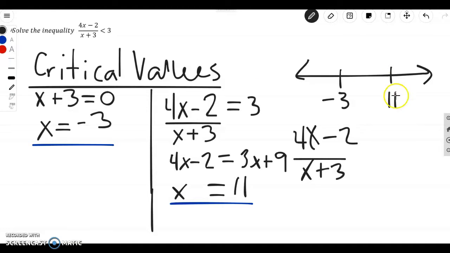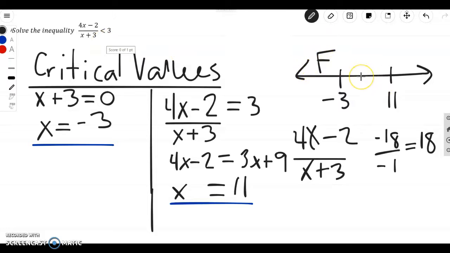If I plug in a negative 4 here, that would be negative 16 minus 2, which is negative 18. Negative 18 over negative 1 is 18. And the statement will be 18 is less than 3. Well, that is a false statement. So that means this is not part of our solution.